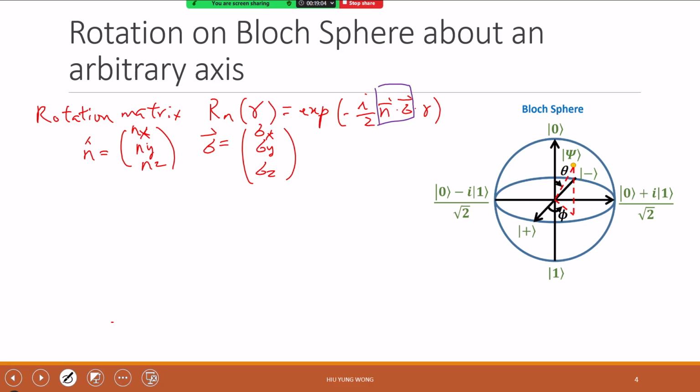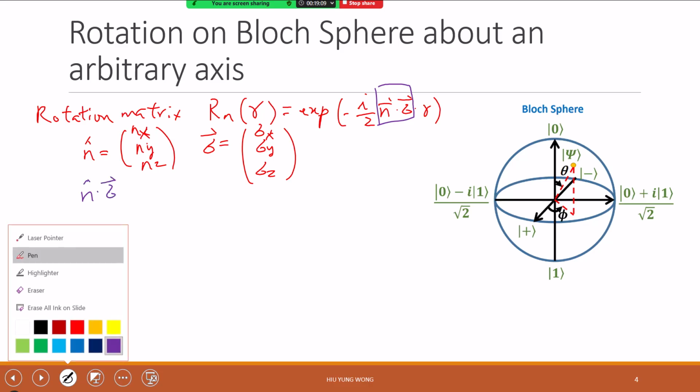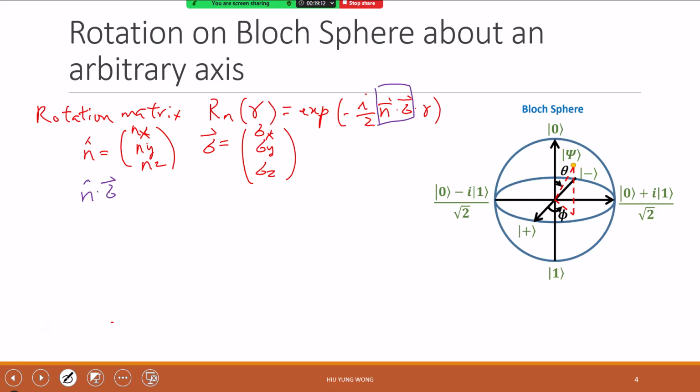So what is this? If you try to find it, n dot sigma, this just has the 3D basis, right? So what it means here is I have so much of x hat, so much of y hat, and so much of z hat. Their inner product is just the multiplication of the corresponding coefficients, right? So last time we said, okay, this is just nx times sigma x plus ny times sigma y plus nz times sigma z.